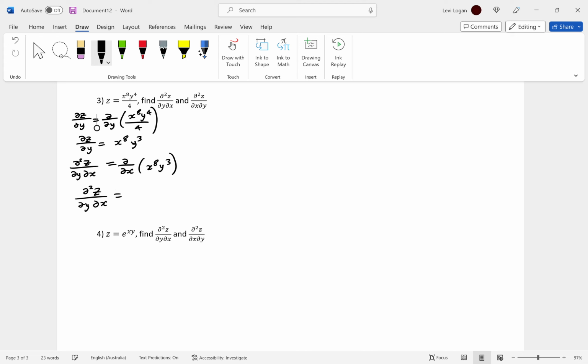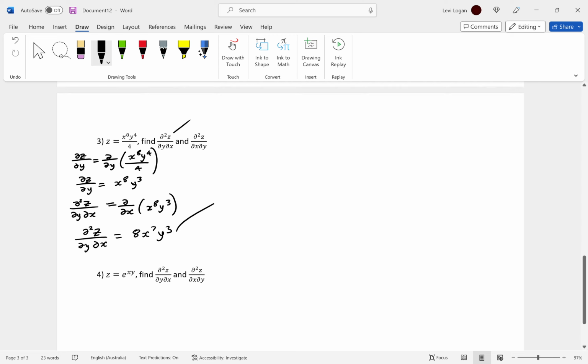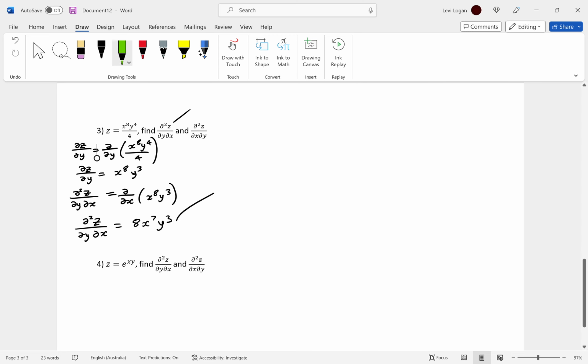Differentiating the whole thing with respect to x, so the 8 comes down the front. 8x to the 7, y to the 3. Boom! First one done. The tricky part was this step here. In these first steps, I ignored my x and treated it as a constant, but when I got down to here, my x wasn't my constant anymore, it was a variable, because it's a mixed second partial derivative.